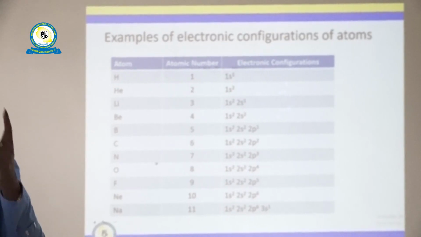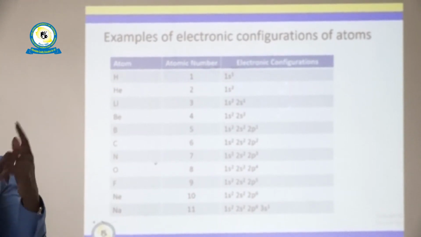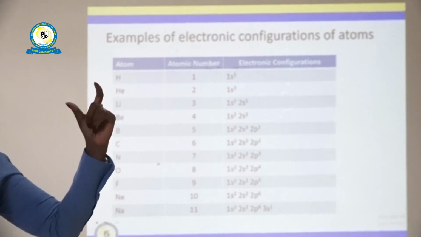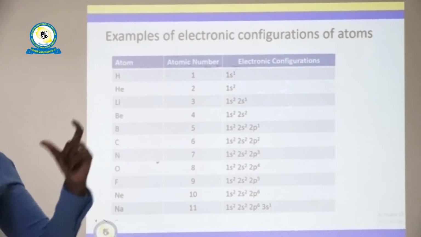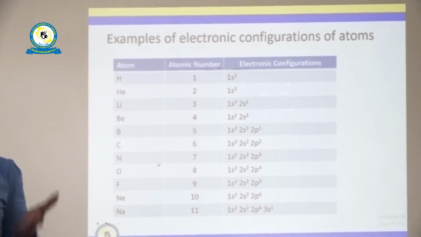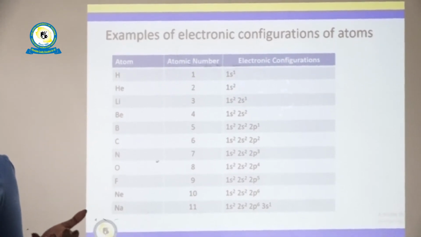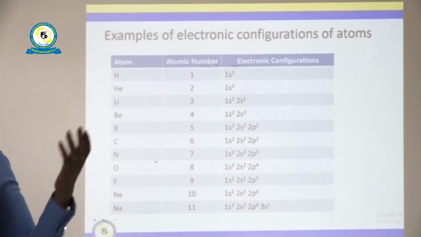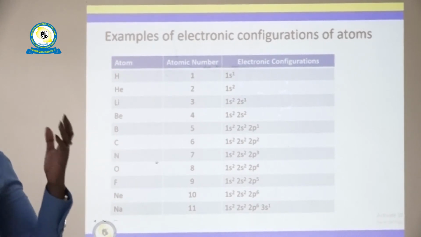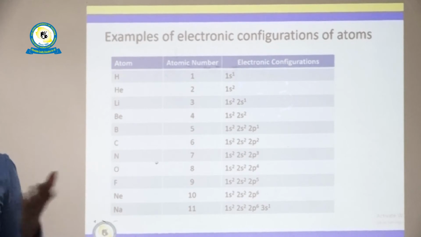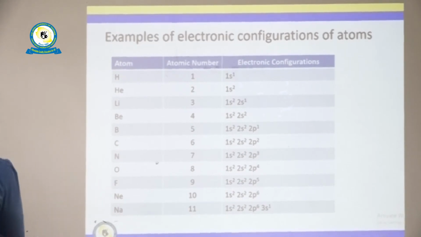And you see that the electron configuration follows the three principles that we mentioned earlier. So that is an example. We have up to sodium with 11 electrons. These are just some examples of how the electrons are filled in the subshells.